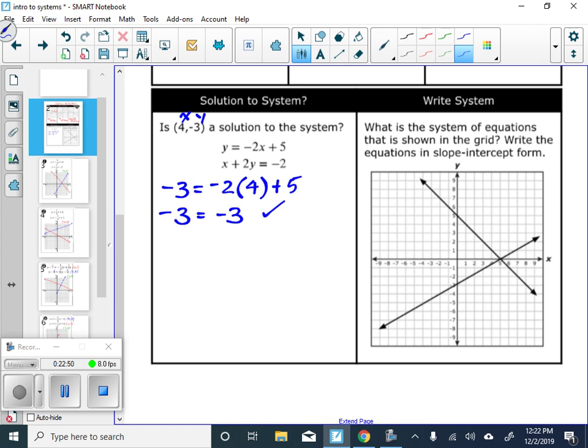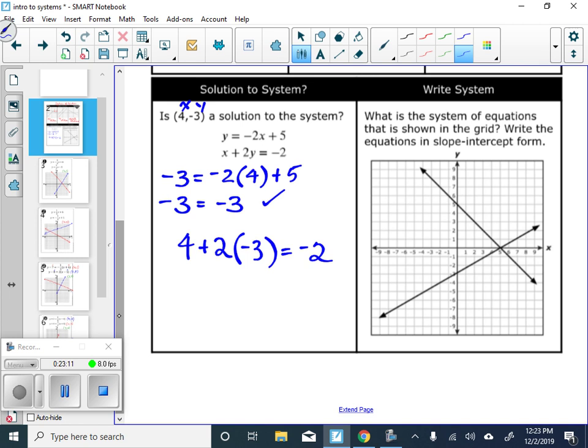So far, I think I might have a solution, but I don't know unless I check the second one as well. Again, plugging in the 4, -3 everywhere you see x's and y's. So this says x plus 2y. So x is 4 plus 2 times what's y? -3. And I want to know, does that equal -2? We've got to see if it works. I can only simplify the left-hand side of this equation. The right-hand side is just a -2.